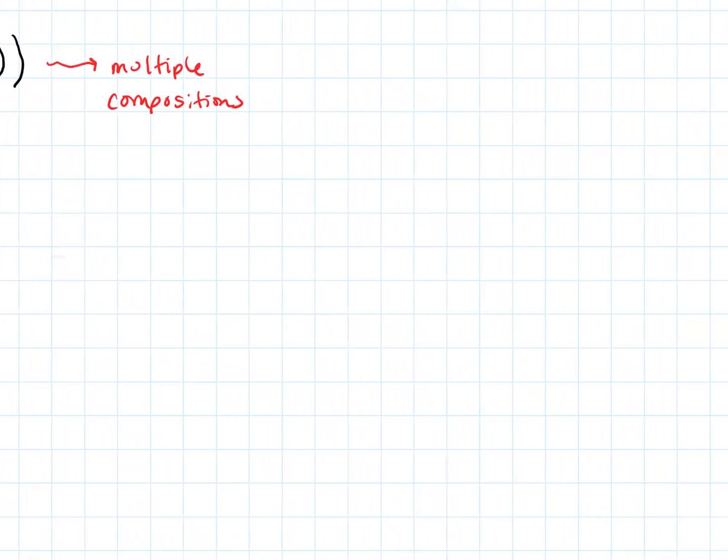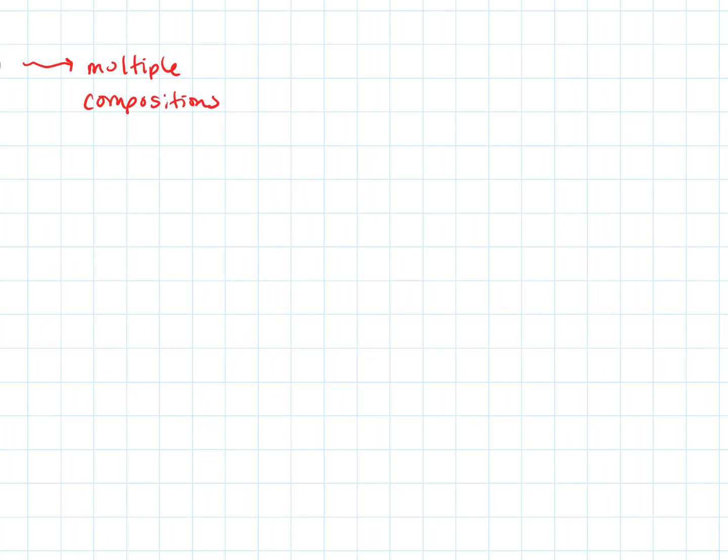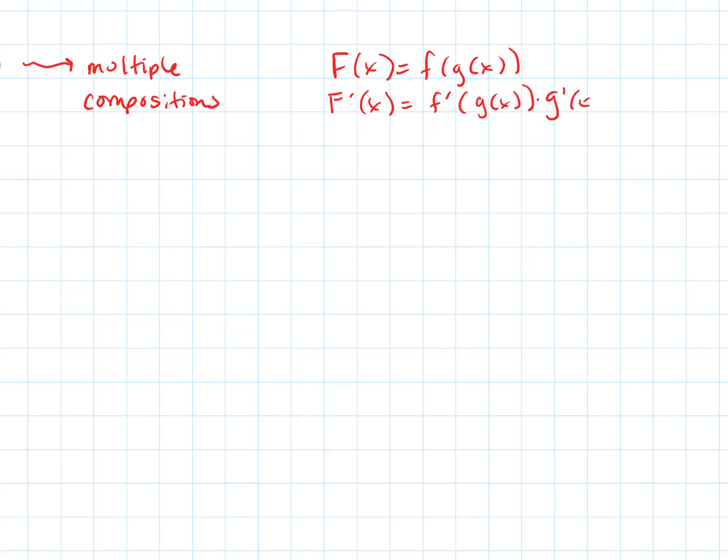And so let's think for a second about our chain rule. Our chain rule says, if f of x is equal to f of g of x, then as we peel away the layers, as we look at the rates of change, we take f prime of g of x times g prime of x.